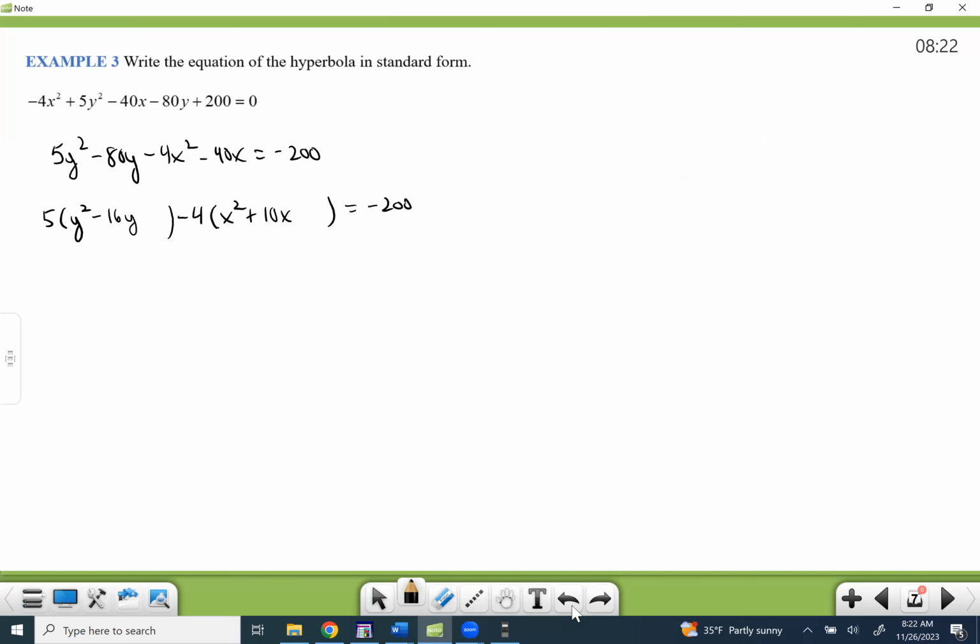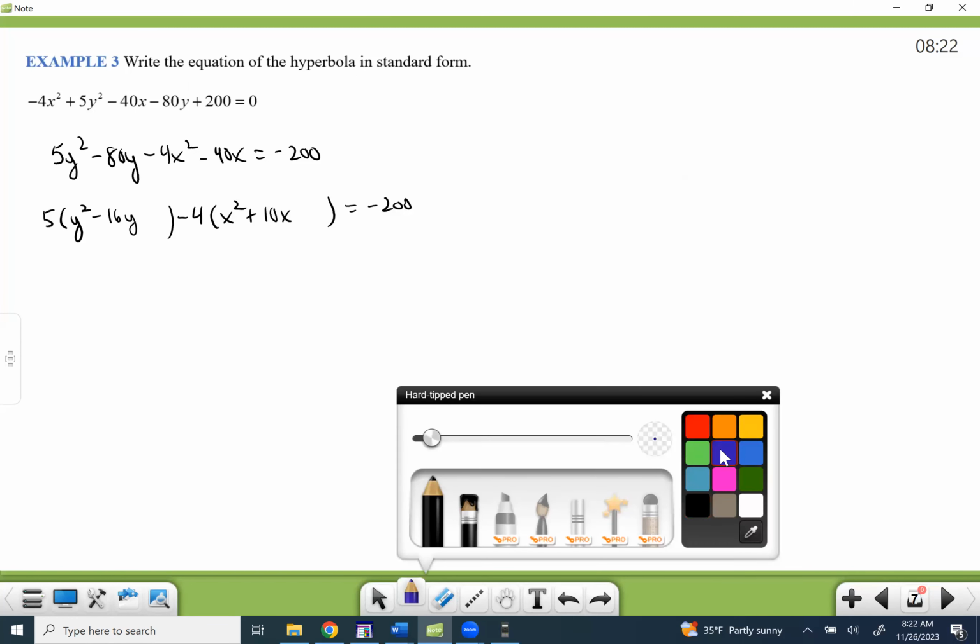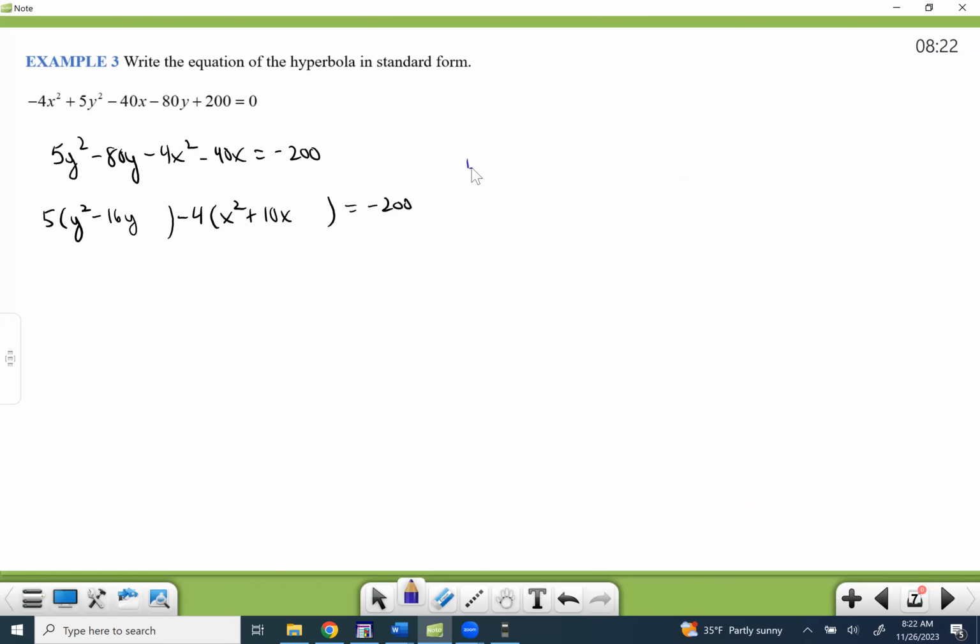All right, so now we're going to use that formula for completing the square twice, right? So we have to take half of b and square it. So the first b that we're going to use is that -16. So half of -16 is -8, and -8 times -8 is 64.